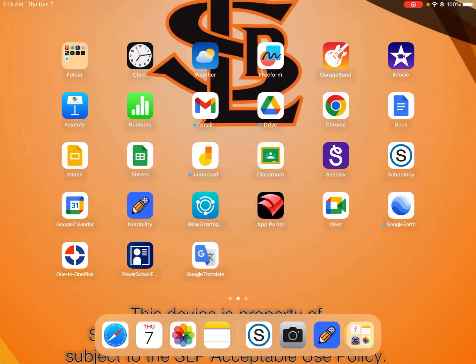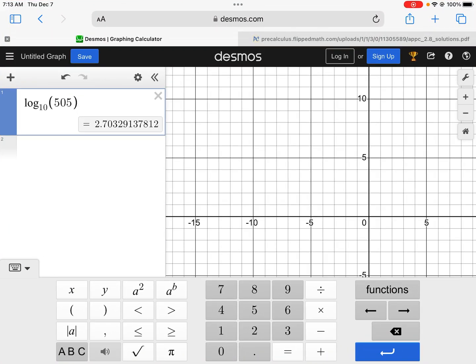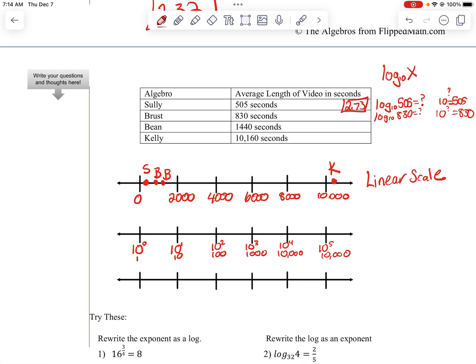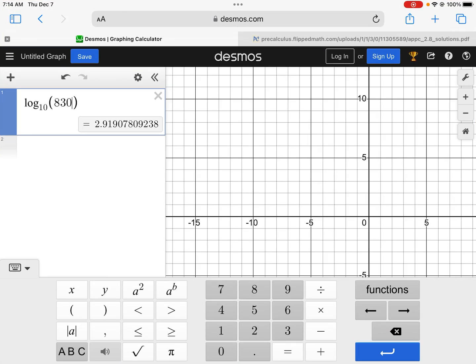So log of 830, so 2.91. If I finish these, I would have 3.2, and the log of 10,000 is 4.